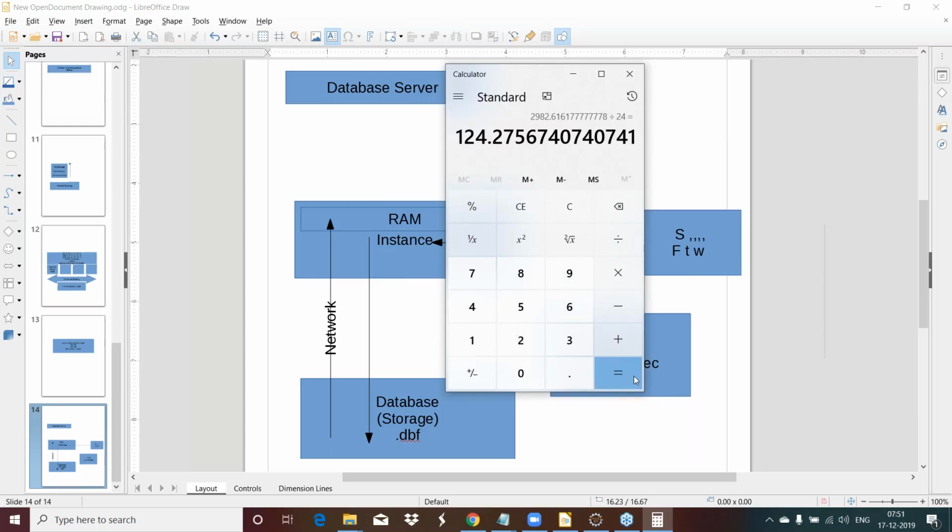Guys, please understand one thing very clearly. The database server is good enough if you are processing a small amount of data. If I say that the volume of my table is 1 GB, that is 1024 MB, let me divide this by 100 megabytes per second. It is going to take 10 seconds of time, which is okay.